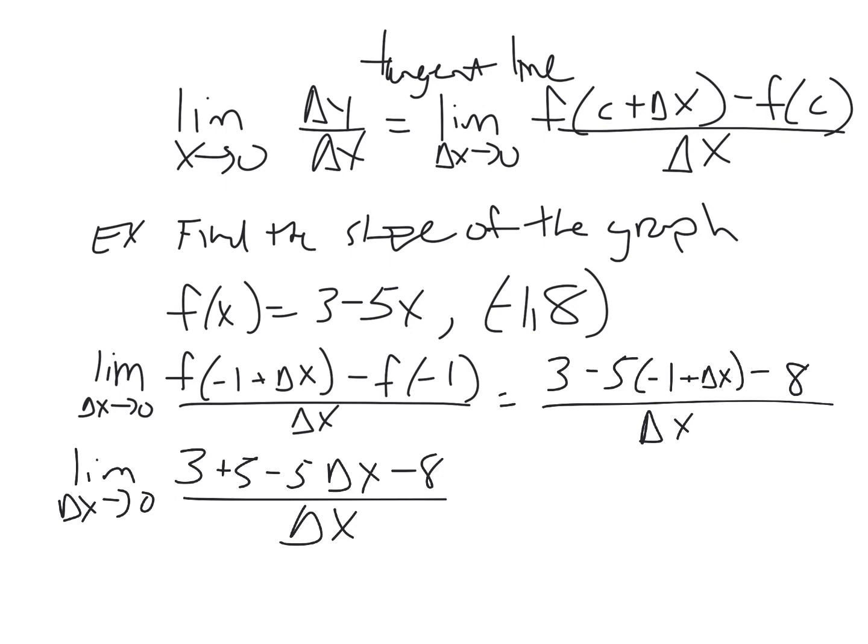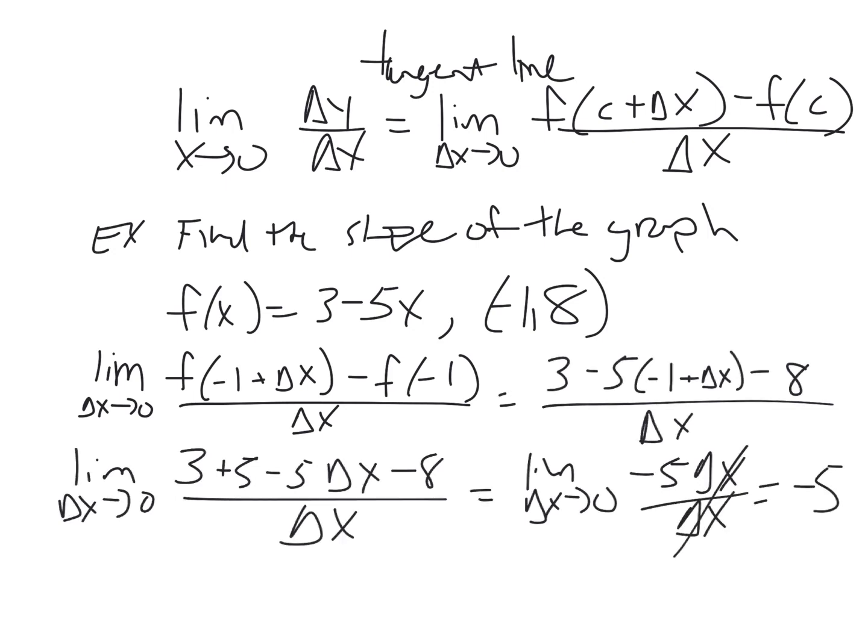And then 8 minus 8 is gone, so I'm left with the limit as the change in x approaches 0 of -5 times change in x over change in x. Change in x cancels, so I'm left with it's equal to -5. So the slope of this equation at the given point would be -5.